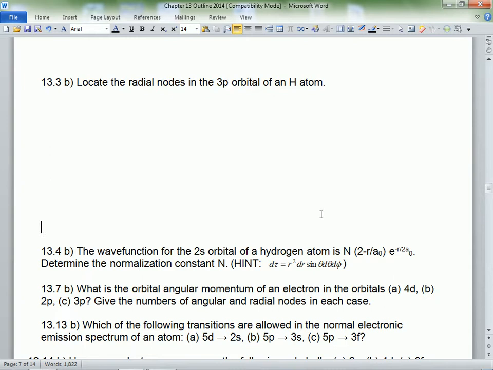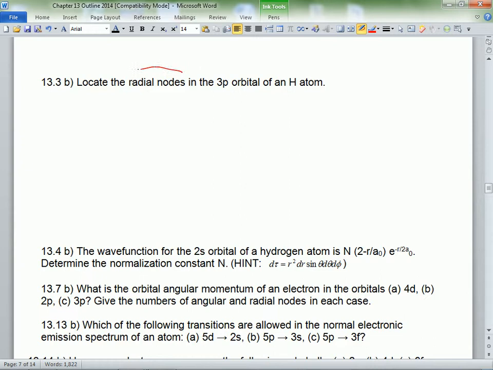What's the initial expression you write when you want to locate radial nodes? It was on the day 1 notes. Radial wave function. Radial nodes. What does that mean?